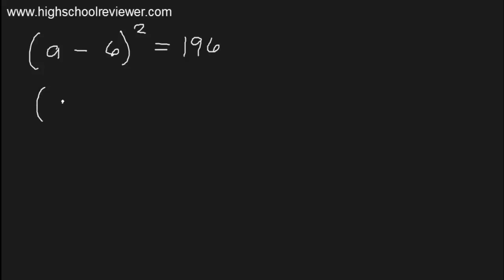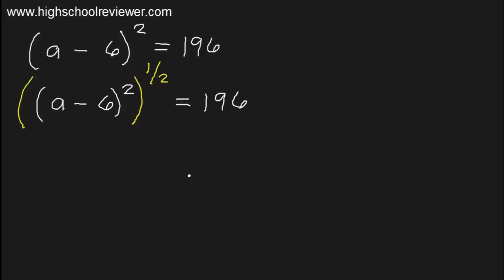So this will be taken as one quantity. So this will be a minus 6 raised to 2. And then we are going to raise this to exponent 1 over 2. So same on the right side of the equation, we will have 196, and we are going to raise this to the power of 1 over 2.